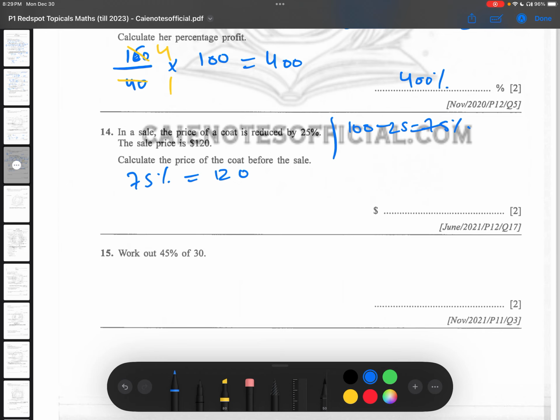So according to the formula, we multiply the quantity, which is 120, with the unknown percentage. We are supposed to find the 100% price, which we don't know. So this is the unknown percentage. I multiply 120 with 100. Then I divide it by 75, which is the known percentage. In this way, I will get the 100 percent price of the coat, which is the original price before the sale.